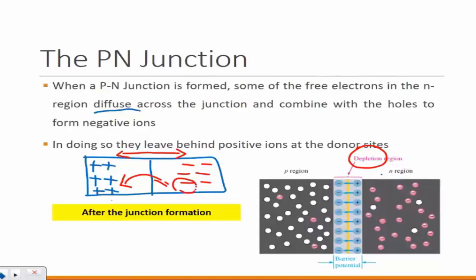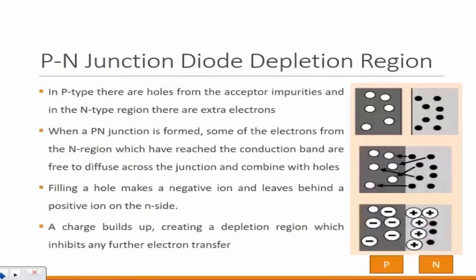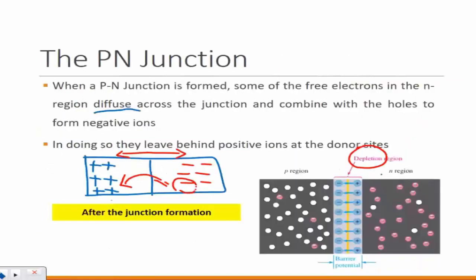So this depletion region can grow wider if the electrons have enough energy. But usually it will stop at approximately 0.7 volts if it is a silicon-based PN junction.